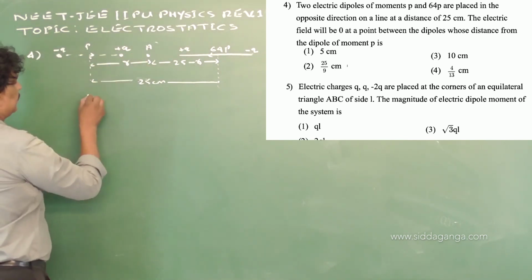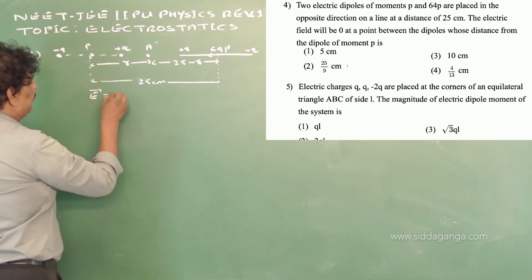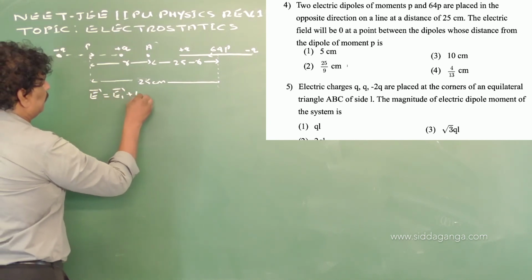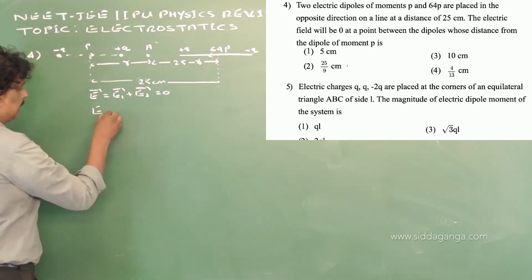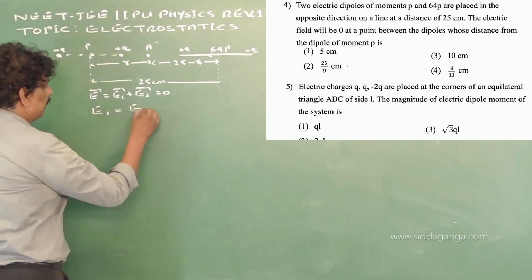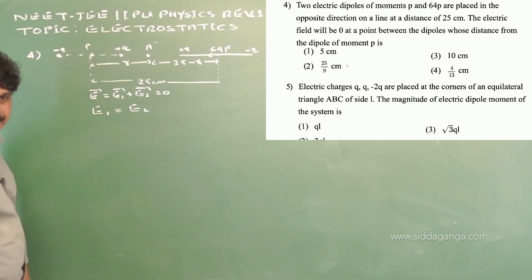Now since the net electric field E is equal to E1 plus E2 is equal to 0, that means the electric field due to the first dipole is equal to the electric field due to the second dipole.